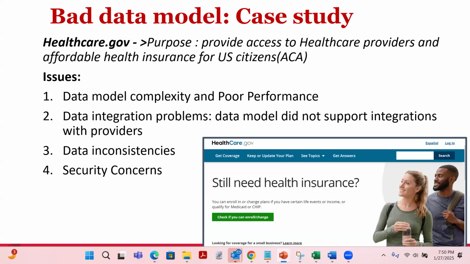Interesting thing. When they put healthcare.gov into production, they expected to have millions of accounts created in this system. The moment they made the system available to users on the first day, they expected up to 2 million accounts. How many accounts do you guys think were created?